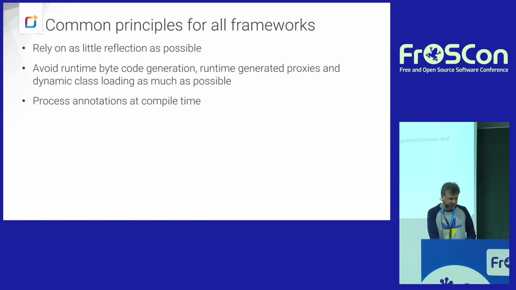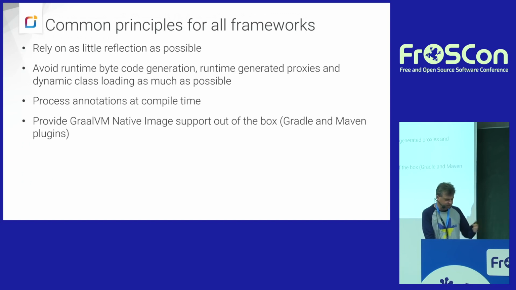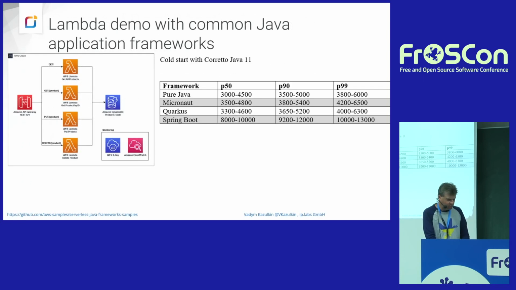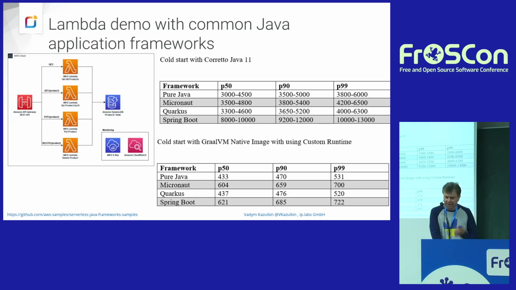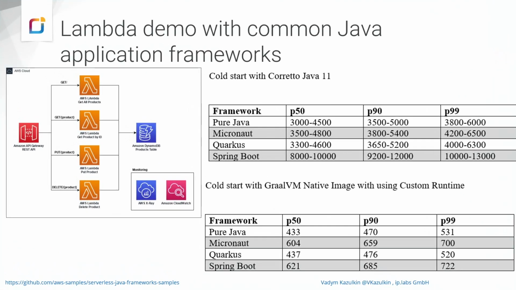So these are more or less the common principles: minimize reliance on reflection, and they provide GraalVM native image out of the box. If we now assume that we build the GraalVM native image and run this on the AWS custom runtime, you see that the cold start will be going down.